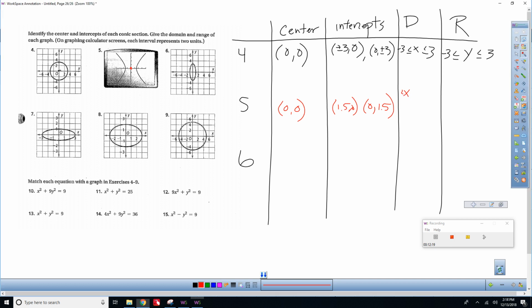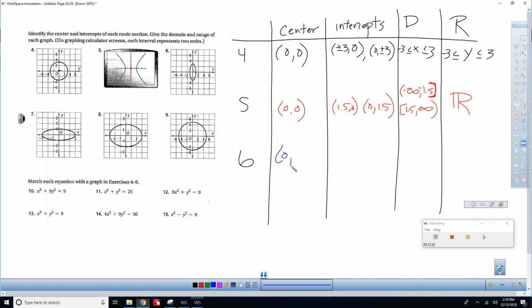Let's just switch up to interval notation here. X goes from -infinity to -1.5 and from 1.5 to infinity. Y can be anything. And again, I know that you're going to have some confusion about this, so come see me. This is getting a little bit tougher.